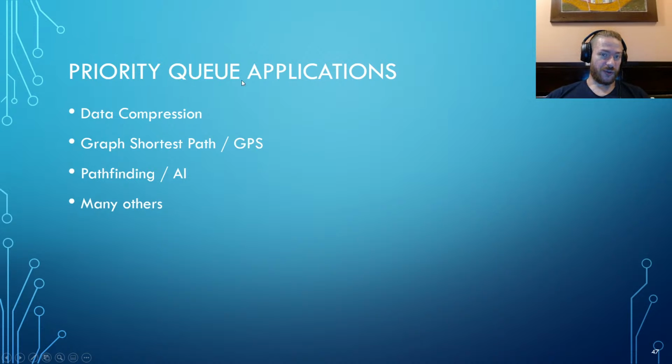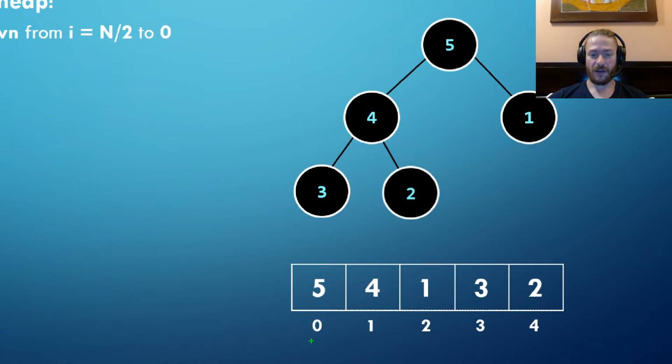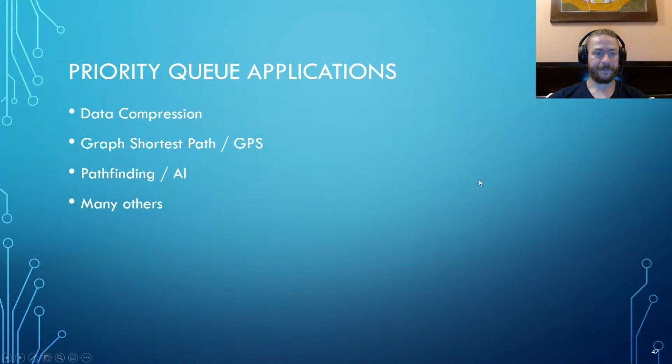Now, where priority queues are used, because the heap is essentially a priority queue, because we always know that on the zeroth element we have the most priority value. It's used in data compression, it's used in graph shortest paths or GPSs, it's used in pathfinding and AI in games, and in many other solutions.